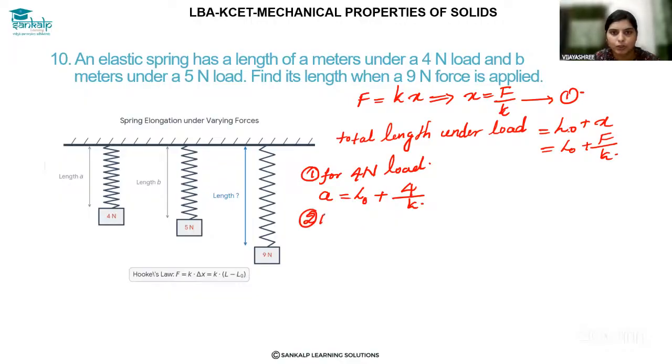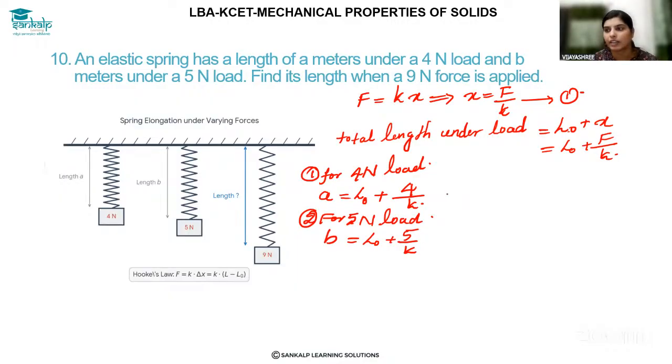Second, for 5 newton load, what happened? B, length is B. Under 5 newton load, we have taken length equal to B, which is equal to L0 plus 5 by K, since force is 5 newton.